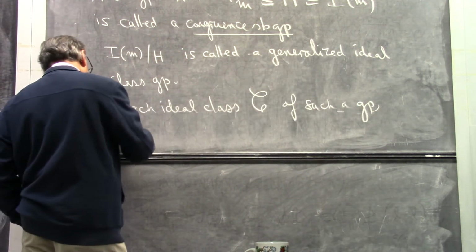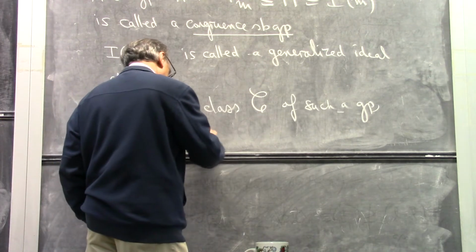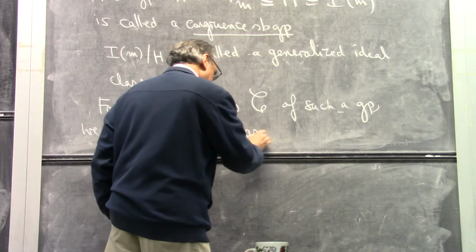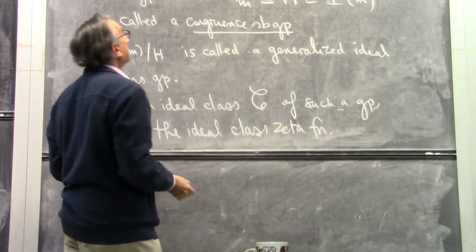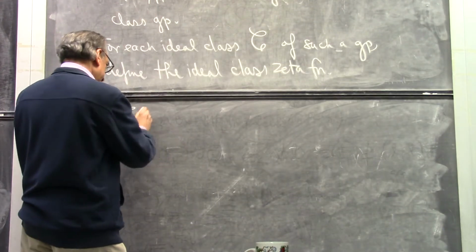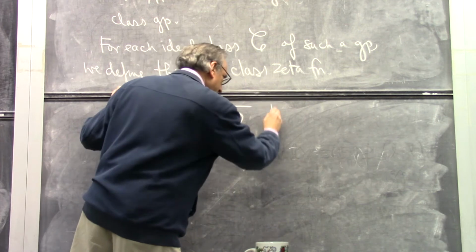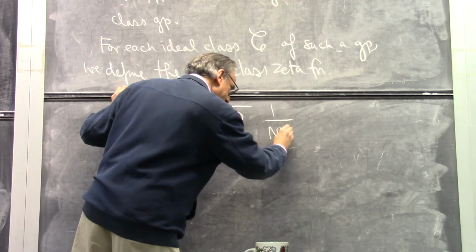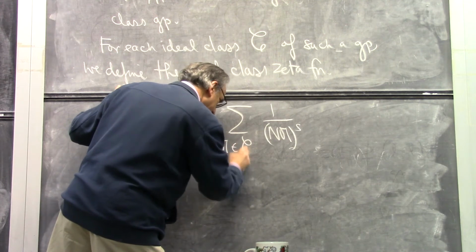We define the ideal class zeta function as follows. Zeta(s, C) is simply the summation of 1 over the norm of A to the s, as A runs through all the ideals in this class.